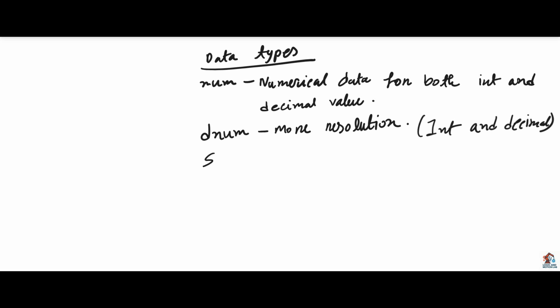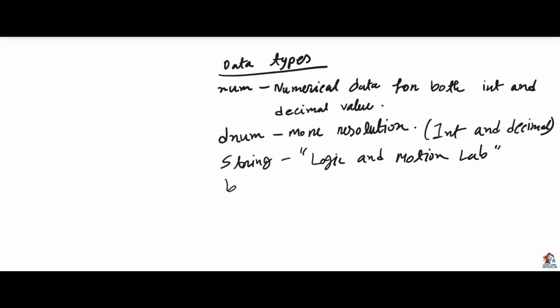Then you have string, and many more other data types. Now how to declare variables.